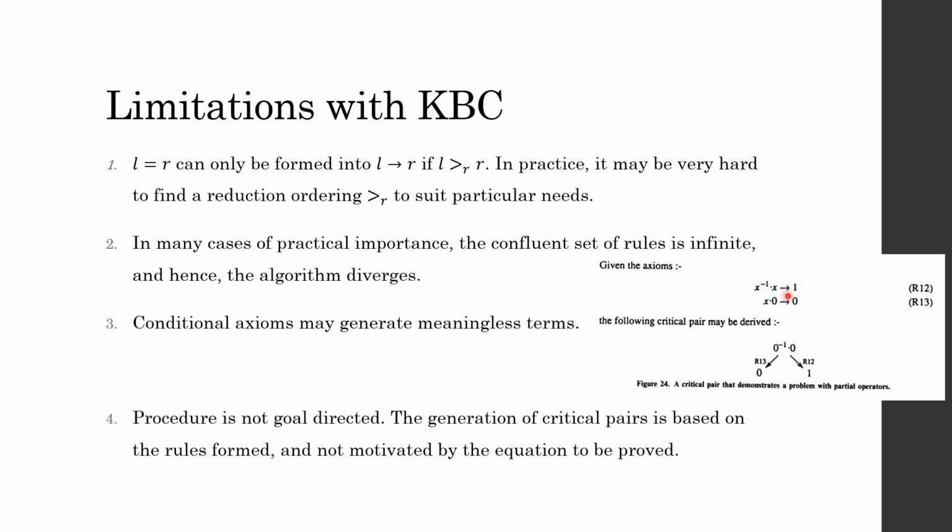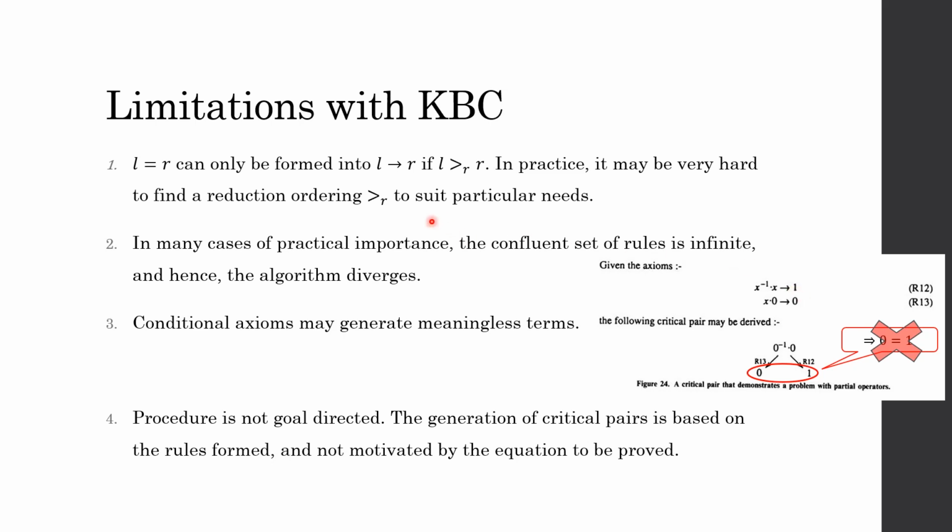But in this case, for R12, we need to make sure that x cannot be 0 itself. So this is a conditional axiom. However, if we ignore the condition and use x as 0, you'll realize that after rewriting, you prove that 0 equals 1, which is wrong. So you get meaningless terms, which will yield invalid or wrong conclusions, because the axiom is conditioned on x being greater than 0, for example.